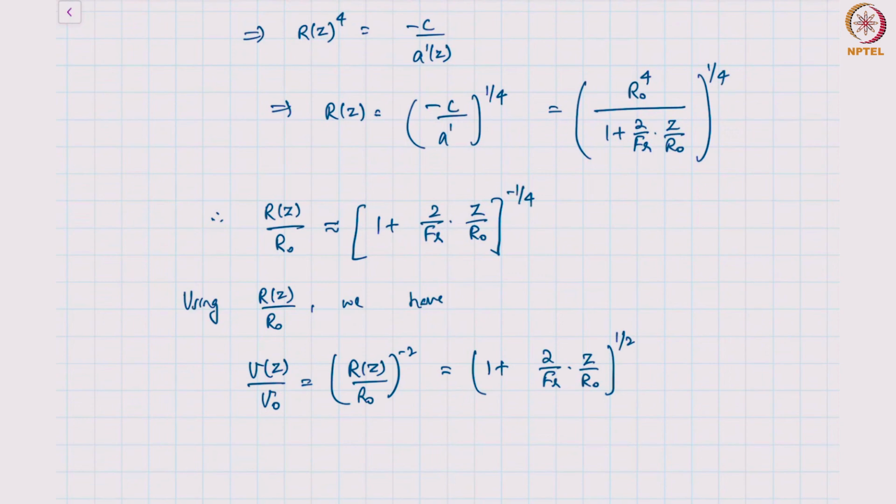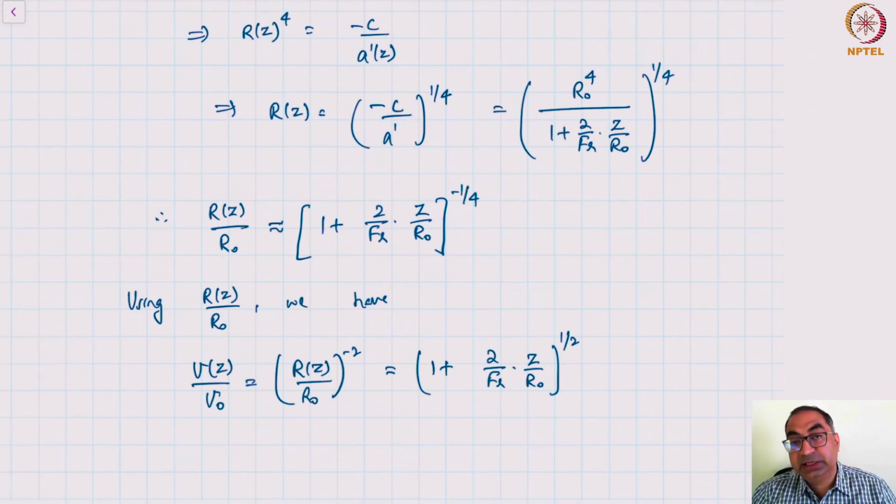As you go down, as Z increases, the velocity is increasing with Z, but it increases as Z power half. This is expected because you have gravitational force in an accelerating frame. Therefore, the fluid accelerates as it goes down, but in the process, because of mass balance, the fluid has to thin down.